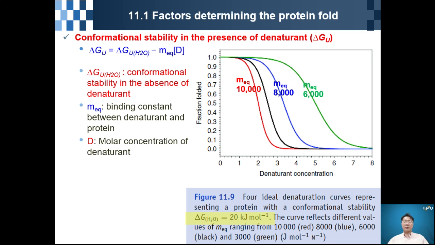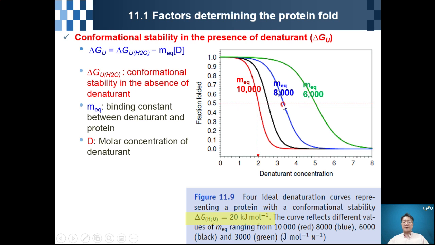When half of the protein is folded and half is unfolded, for example in this red curve, the denaturant concentration that makes half folded and half unfolded is 2.